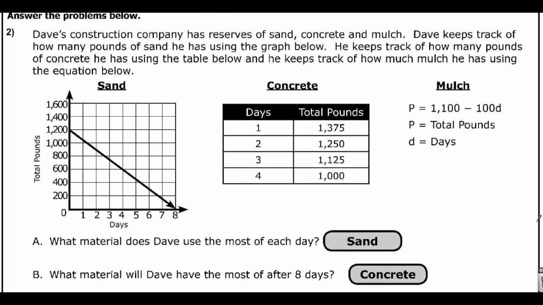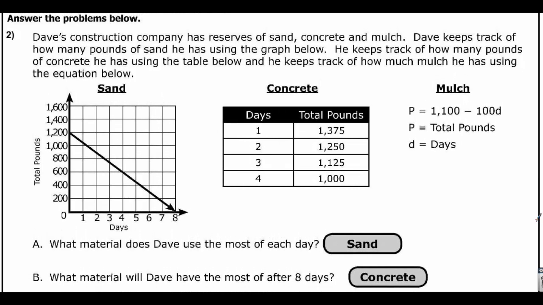Here we go. They gave you some comparison problems. So how does Dave's construction company do using its sand, its concrete, and its mulch? Which does he use the most of each day? The correct answer is sand. How do we know that? Well, we can take a look at the line here.